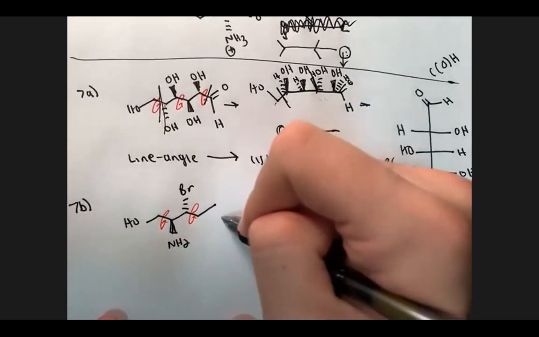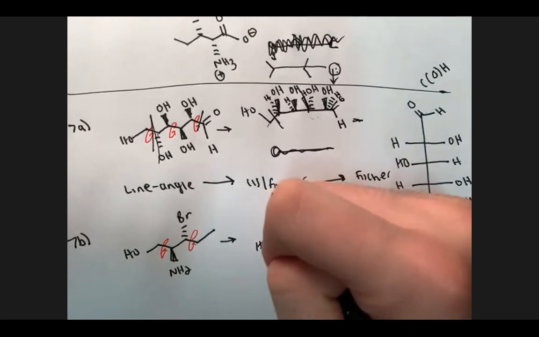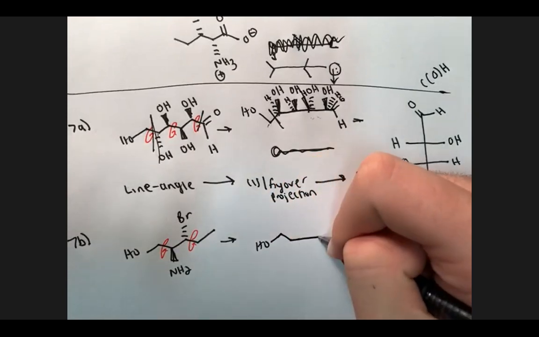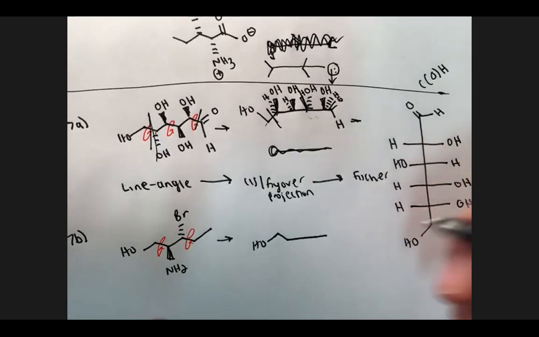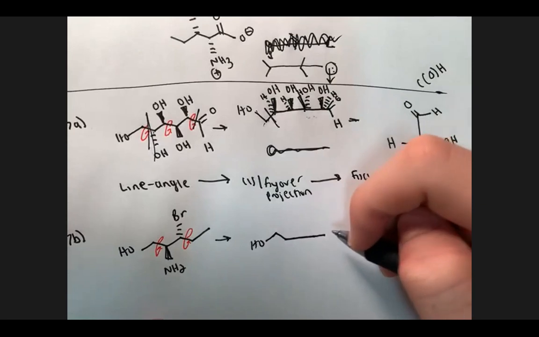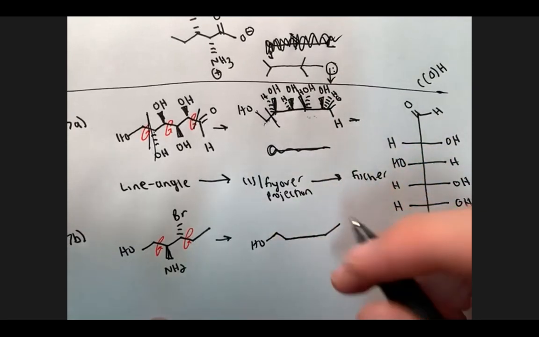Okay, so that was the line angle. Then I need to go to the flyover. The flyover is going to look something like this. So CH2, maybe, and they come out differently every time I draw them. Sometimes I draw it like that, sometimes I draw them up, but it doesn't really matter as long as you have this kind of straight line going on.